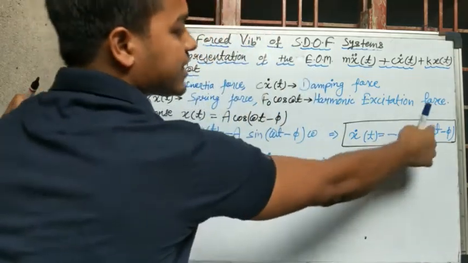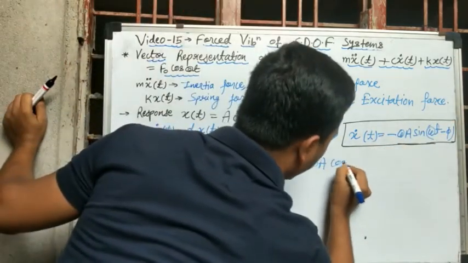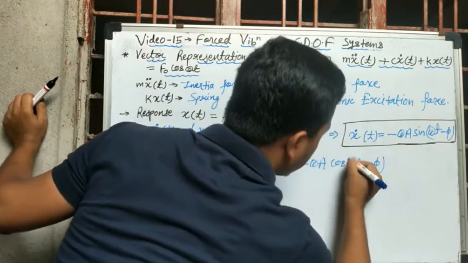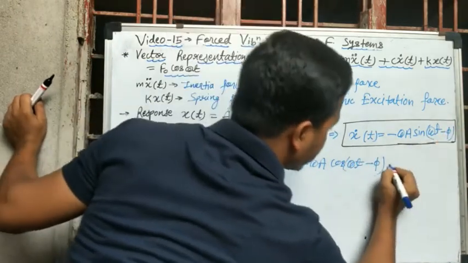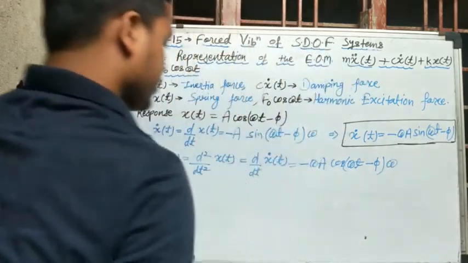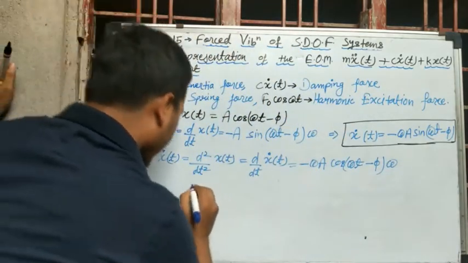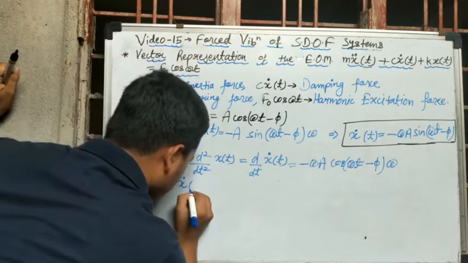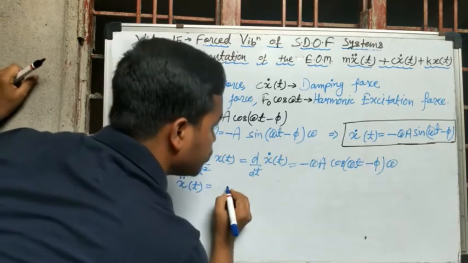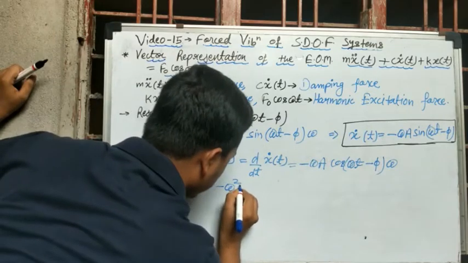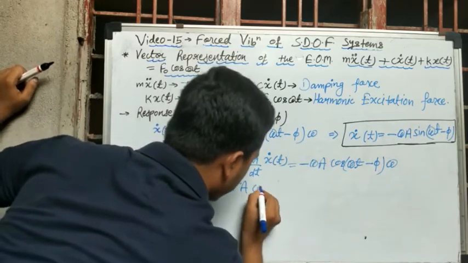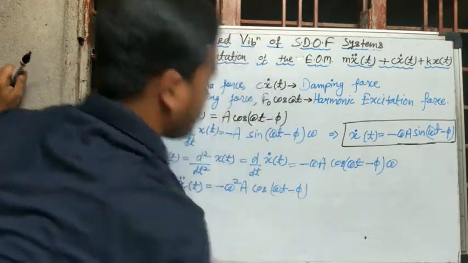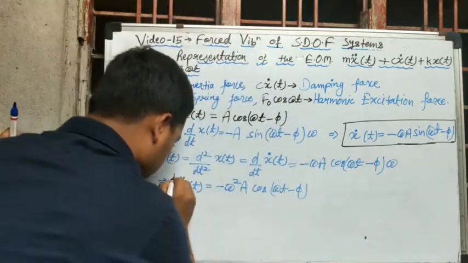Now d by dt of sine(omega t minus phi) is cos(omega t minus phi), and d by dt of (omega t minus phi) is omega only. So x double dot(t) equals minus omega square A cos(omega t minus phi).